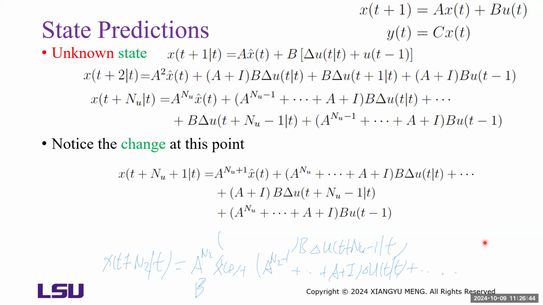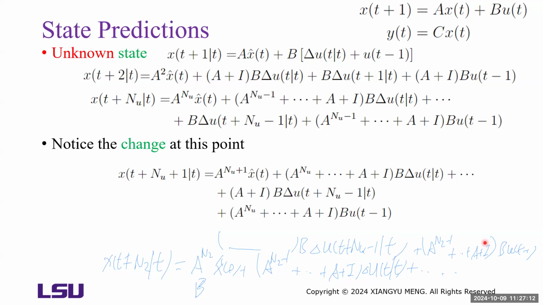After that, the delta u t plus nu plus 1 will be 0. And the last one will be u t minus 1. We know it has the same coefficient as delta u t. Therefore, it will be a n2 minus 1 until a plus I. Okay, so let's try to find the coefficient here.